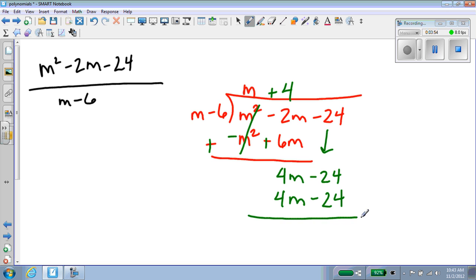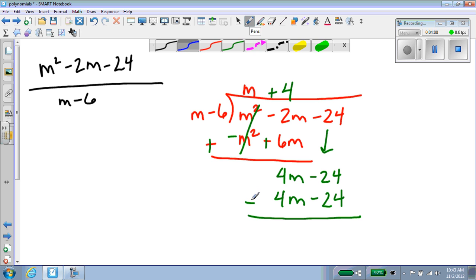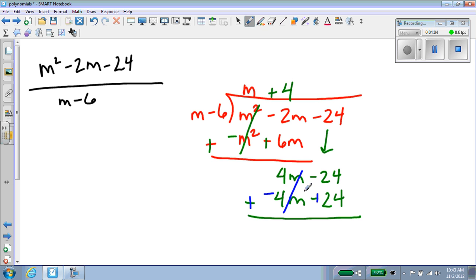I draw a line and subtract. But what does subtract mean? With polynomials, it means we add the opposite. So these cancel and these cancel. And in this case, we have no remainder. So this is our quotient, m plus 4.